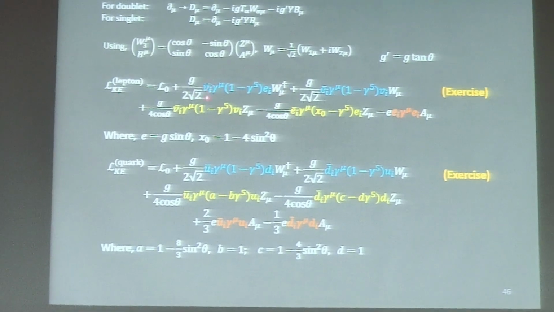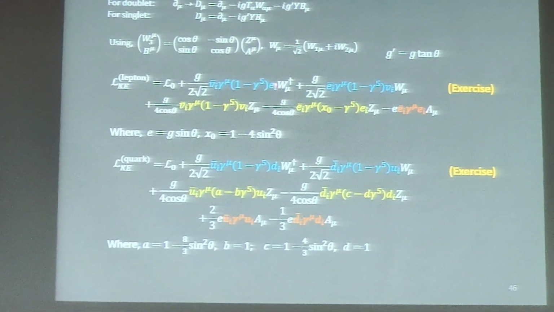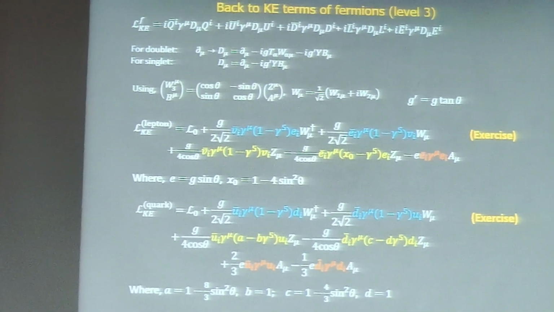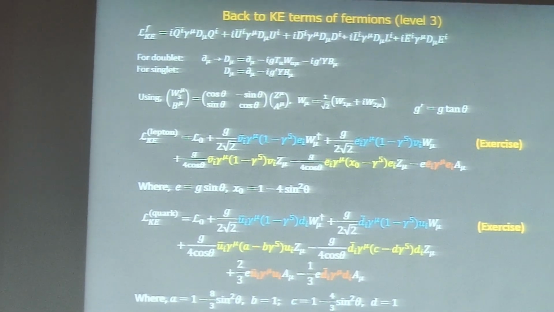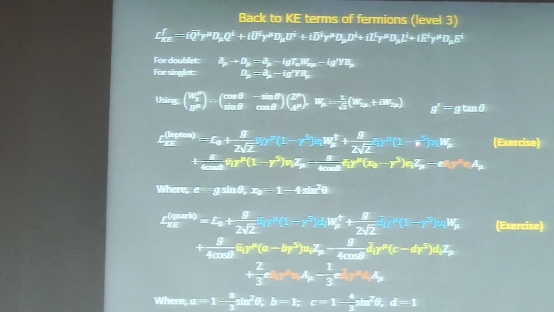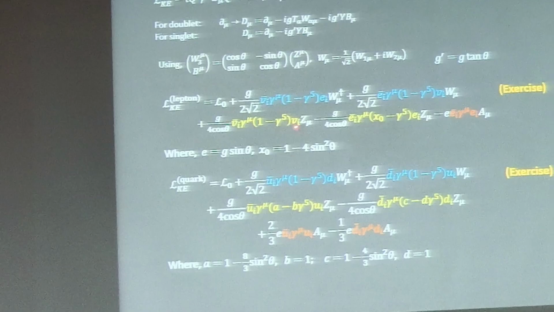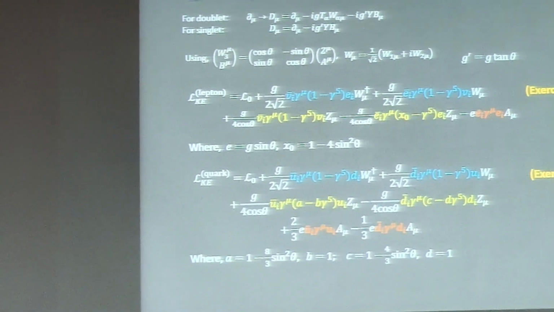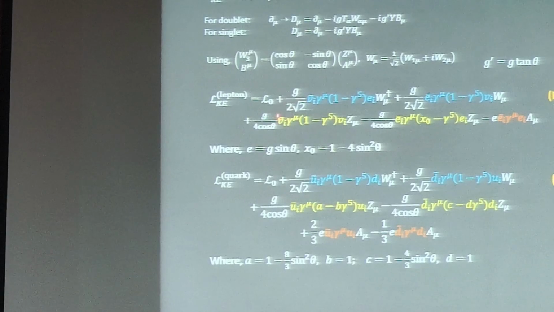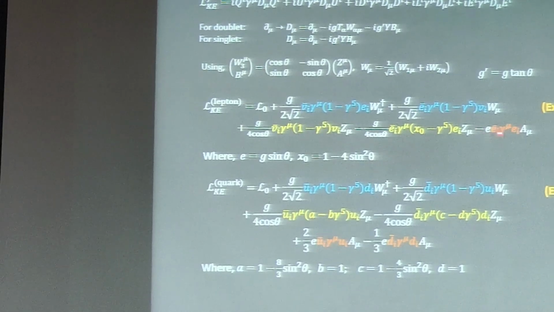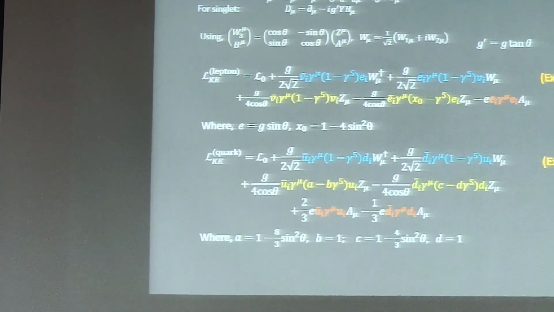This is the interaction term in which the charged lepton is going into the neutral lepton, so we call it a charge changing current. This is also a similar kind of interaction in which the charge of the field is changing. But in the rest of the interactions, the charge of the field is not changing: neutrino remains neutrino, electron remains electron. And then this last interaction is the electromagnetic interaction.